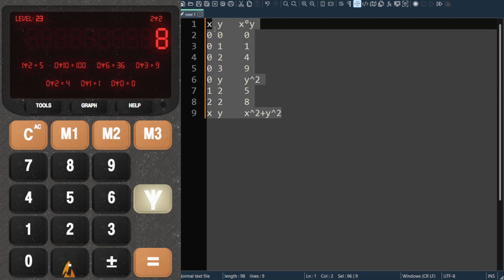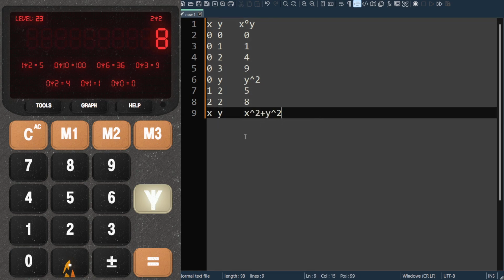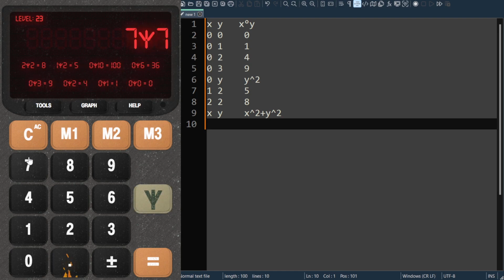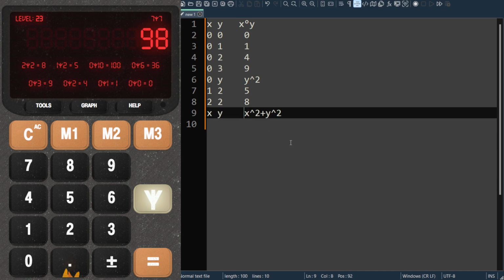Maybe I'm going to use it in one of the next videos, because I like LibreOffice. It has a very good spreadsheet function, which I might use. Anyways, the assumption is this. So let's go for 7g7: 98. That's double the amount of 49. So yes, it squares the first number and the second number and adds them.